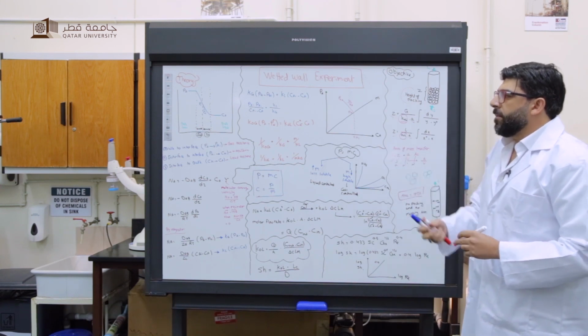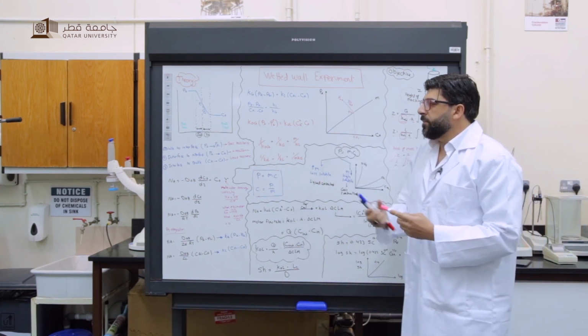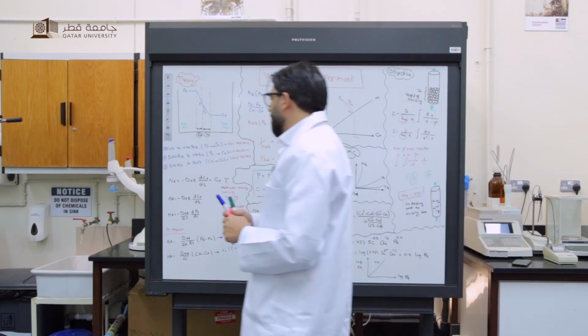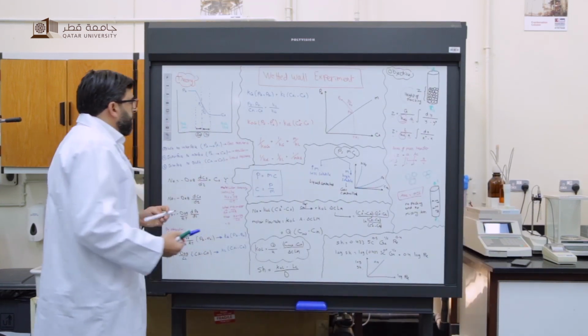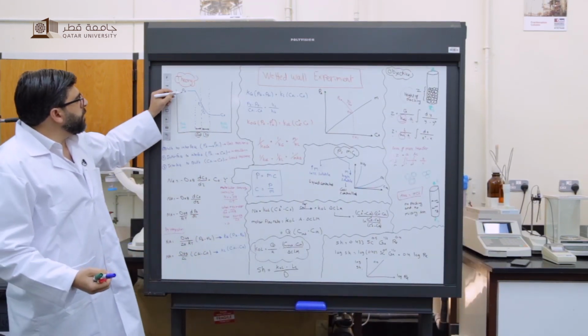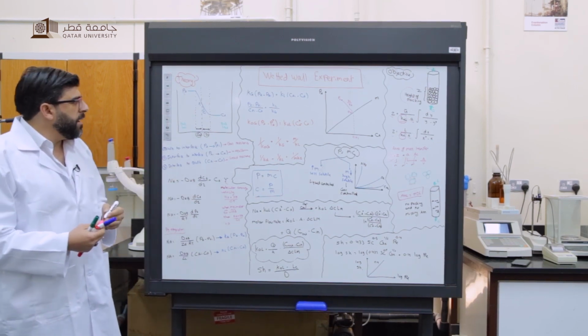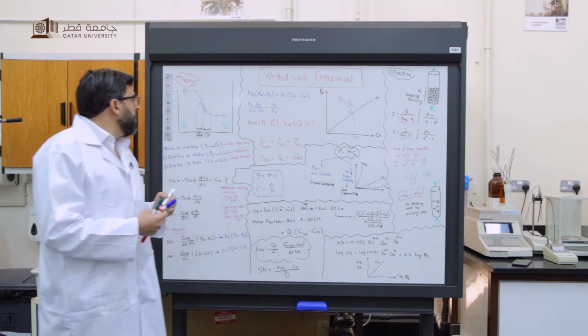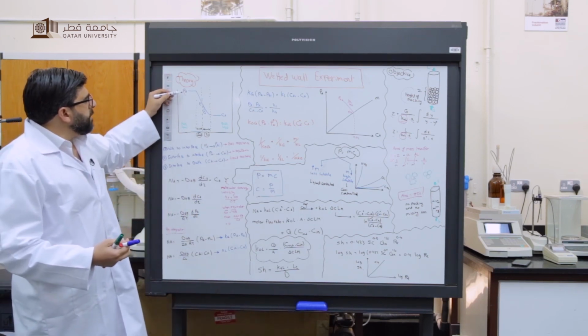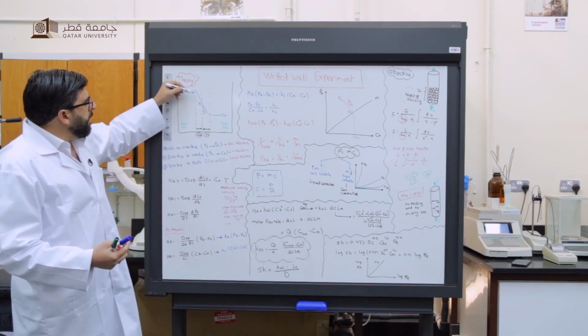Let's go through some theory about the gas film theory. Suppose you have the partial pressure of A, in air or any other gas. This is the partial pressure of gas in the bulk.